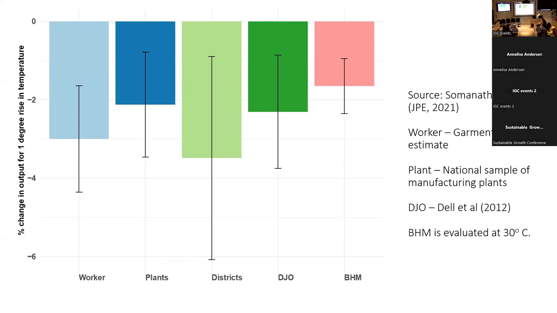The third bar is manufacturing output at the district level. That's also from our paper. And the last two are the two papers I mentioned earlier, Dell, Jones and Olken, looking at manufacturing, and I think GDP in the BHN case. You can see that these effect sizes are roughly consistent, even though they're at very different scales and frequencies.